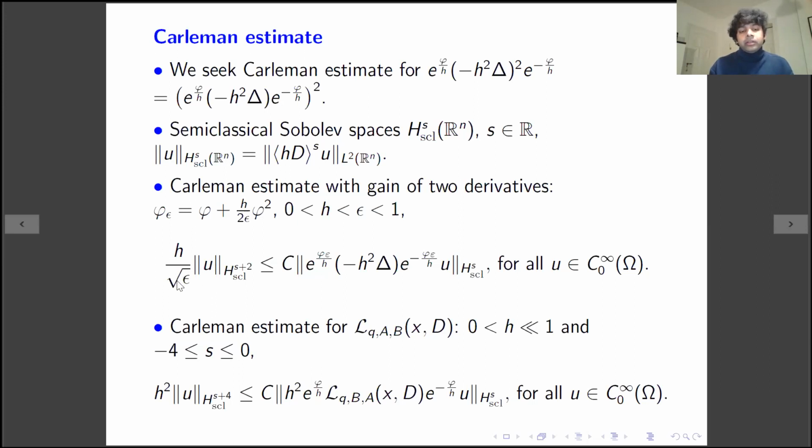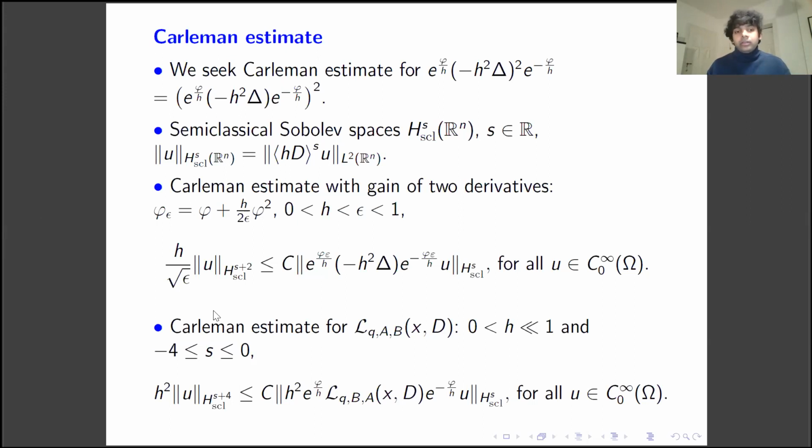But this 1 by epsilon is important because we have a second order perturbed term, which is of order a squared. To handle that second order term, we need this convexified perturbed estimate. As epsilon is small, h by root epsilon can be made big so that the second order term gets absorbed.